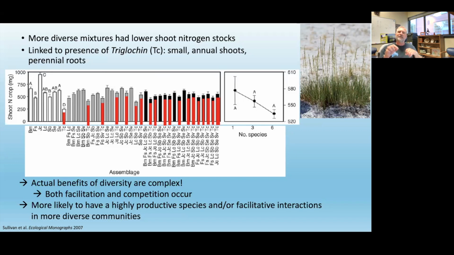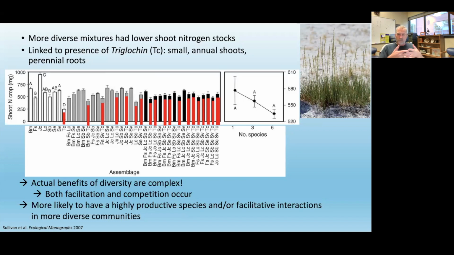I will spare you my pronunciation of the genus there. But this is a small plant, has annual shoots, but it has perennial roots like a lot of marsh grasses do, right? And so they again found that the nitrogen tended to be more steady in the presence of this plant. So I guess the upshot of this is that with diversity, the actual benefits are fairly complex.